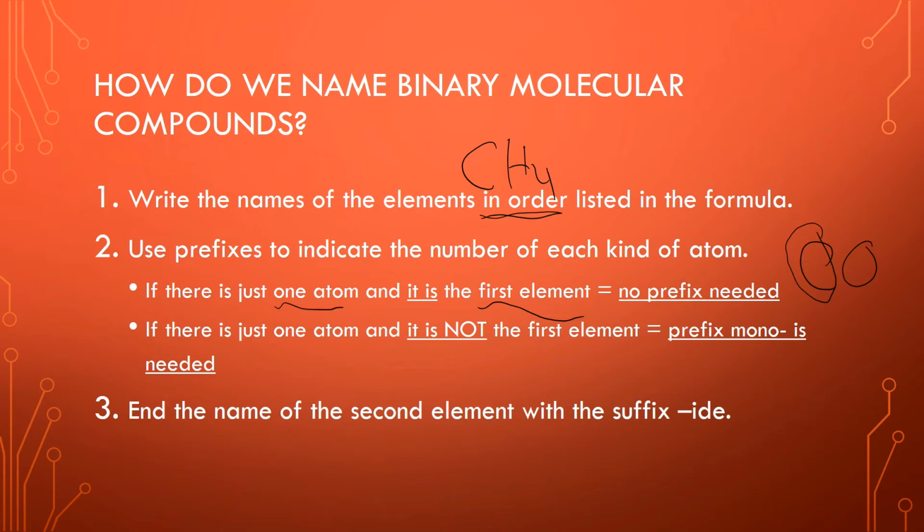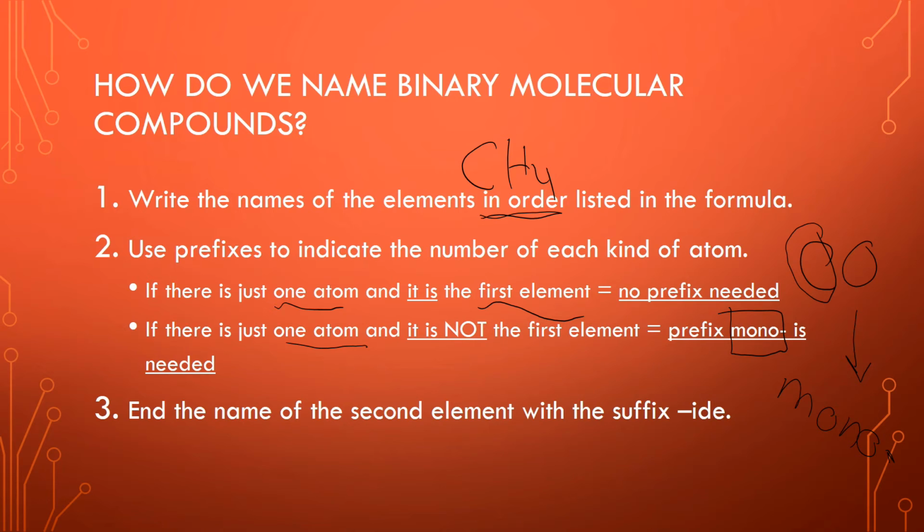We just write carbon. If there's one atom and it is not the first element, then we write the prefix mono. So again, in here, it will be carbon monoxide. And we use the prefix mono for carbon monoxide because it's the second element listed and there's only one atom for it.